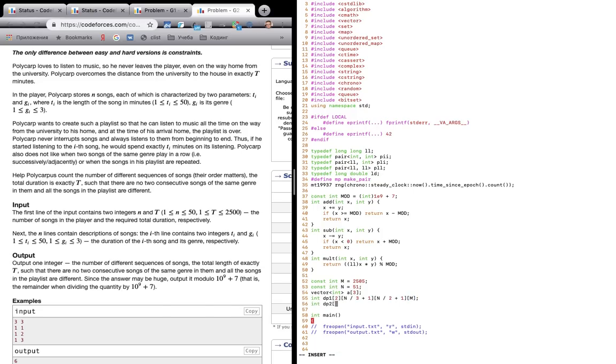We need the same DP, but only for the third genre.